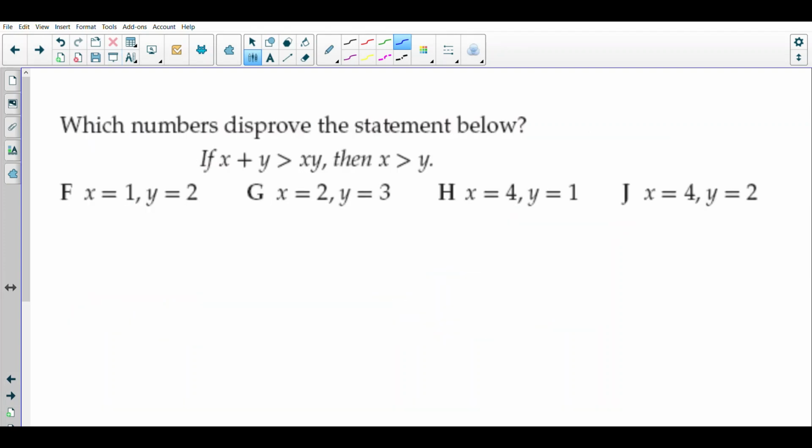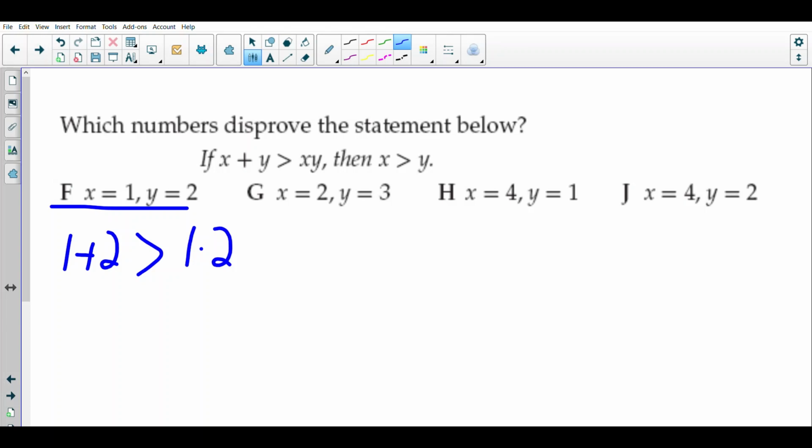So which numbers disprove the statement below? If x plus y is greater than x times y, then x is greater than y. So this one you can kind of do process of elimination. If you plug in, we're going to start with F. So 1 plus 2 is greater than 1 times 2, and then we want x to be less than y. We want the false part.